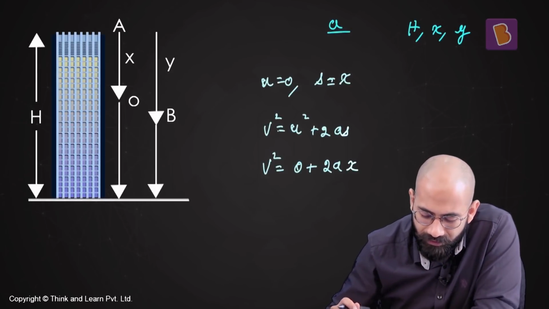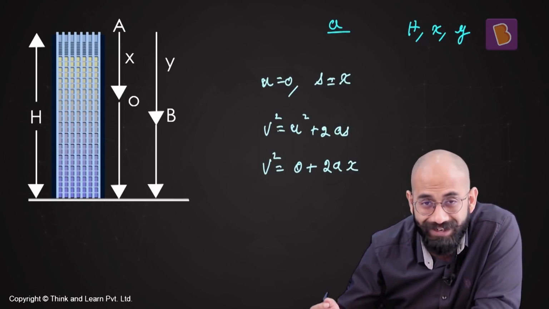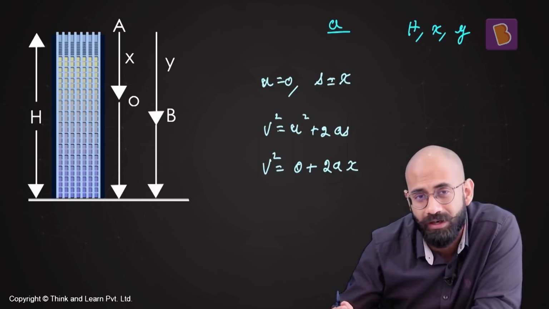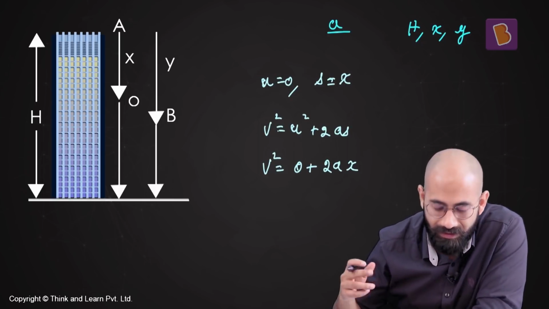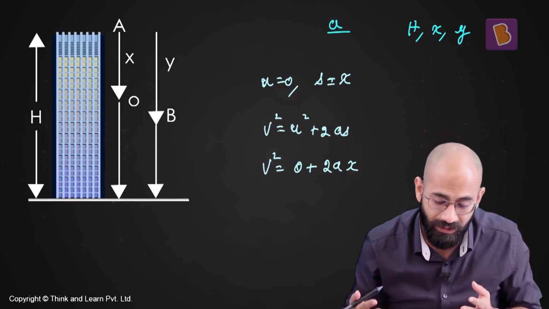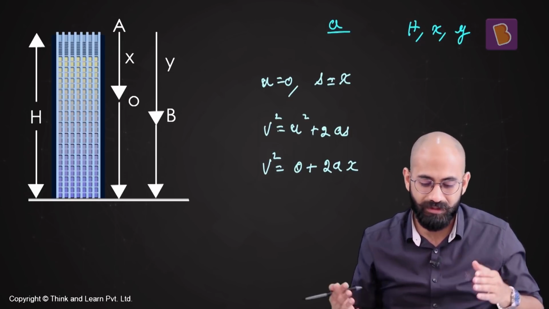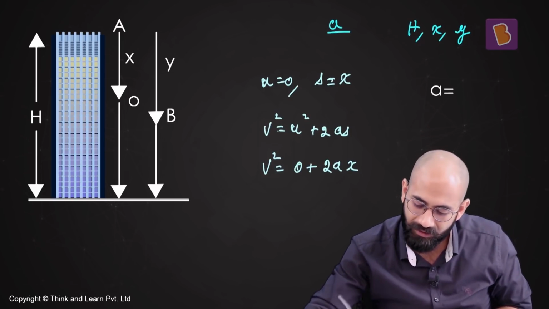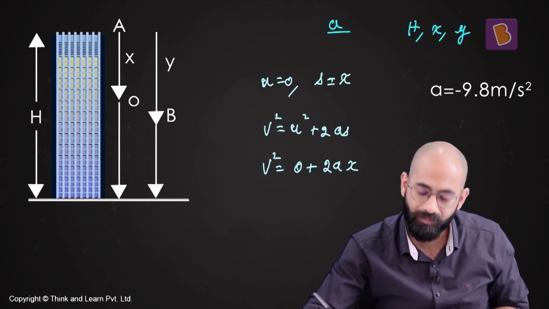So here one thing that you need to notice is I'm not paying much attention to the signs over here, because everything is happening in one direction. The acceleration is in one direction. The displacement is also in one direction. It depends on the convention. We can say that upward is positive, downward is negative, which means that A should technically be minus 9.8 meters per second squared.